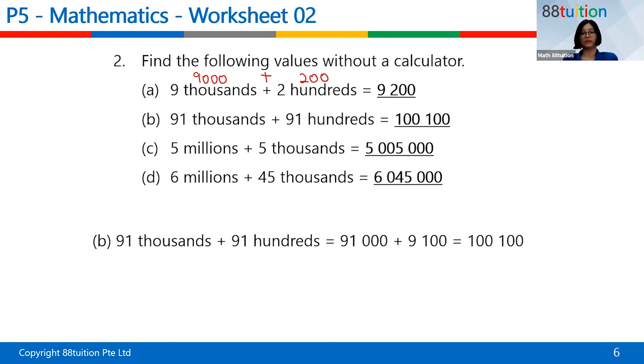Okay, 91,000. Remember we talked about this last week? When we have numbers and words, you can treat the relationship as multiply. And when we multiply by 1,000, that's 3 0s. So we add 3 0s at the back. That's it. Right? So 91,000, 9,100. Remember? Hundreds, 100, got 2.